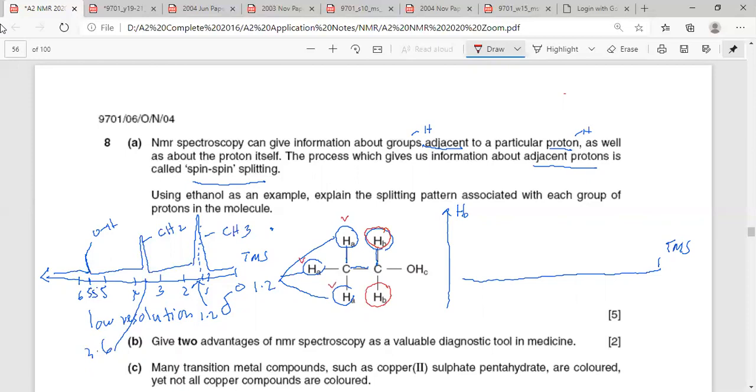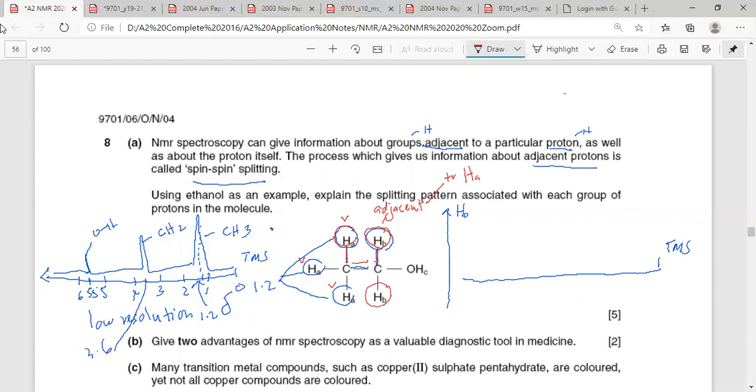Why? Because of the 3 bonds. This HB is adjacent to HA. Now, I'm talking about HA here, so that's 1, 2, 3.